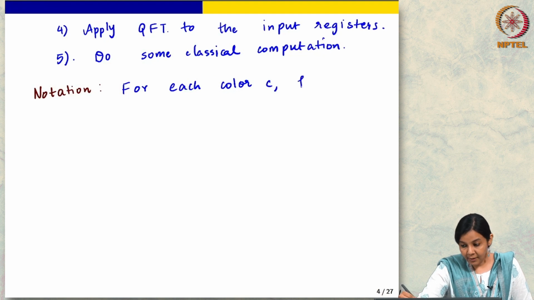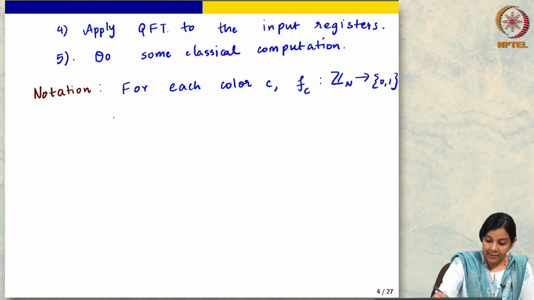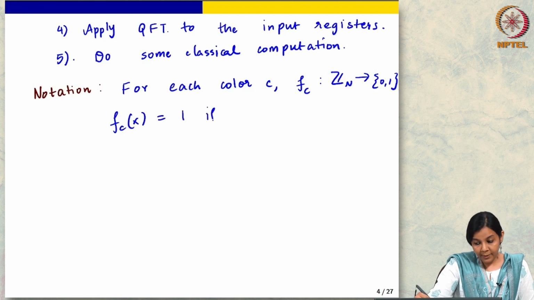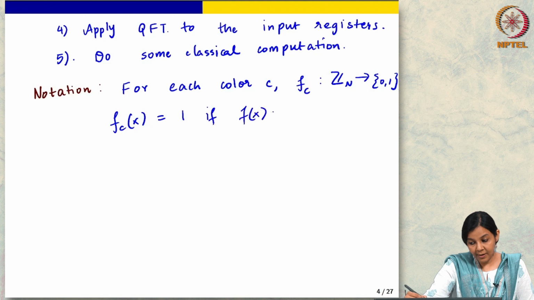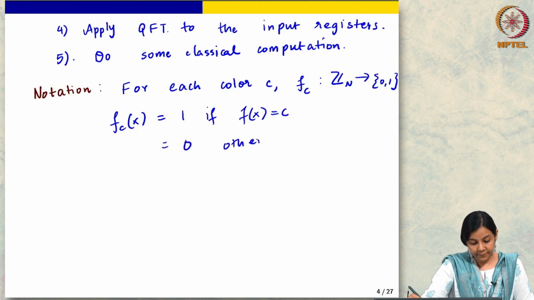For each color C, I will define this indicator function that goes from Zn to {0,1}, as fC of x is equal to 1 if f of x is C, and is equal to 0 otherwise.